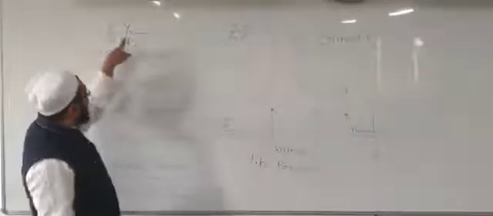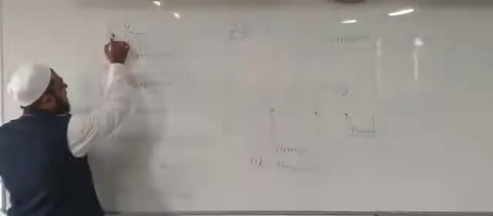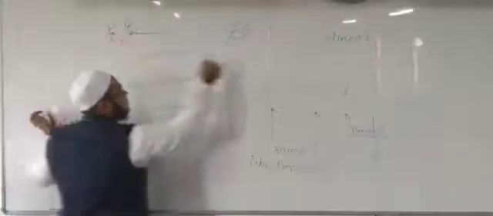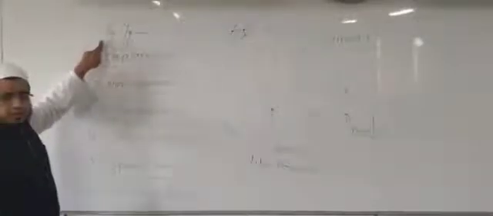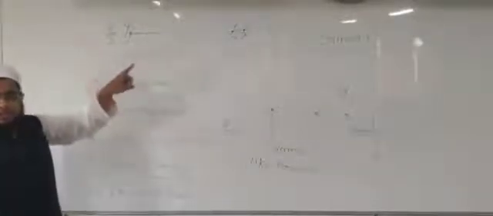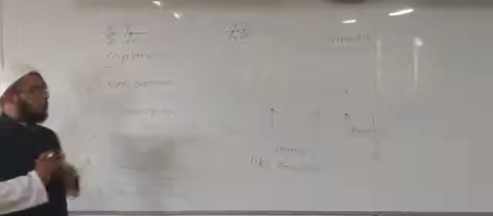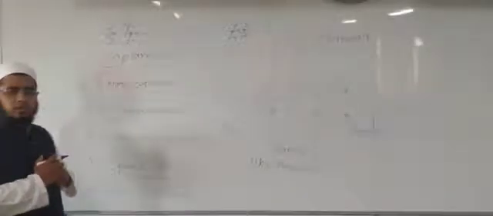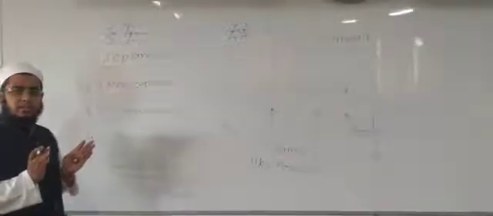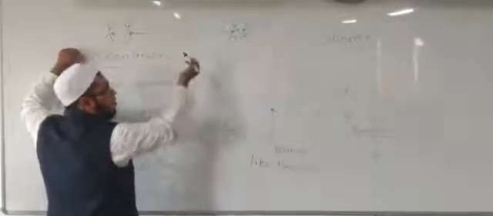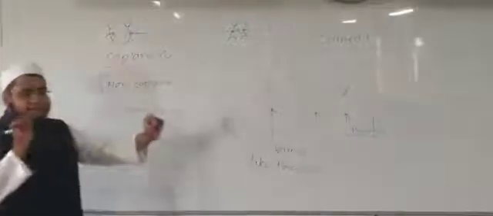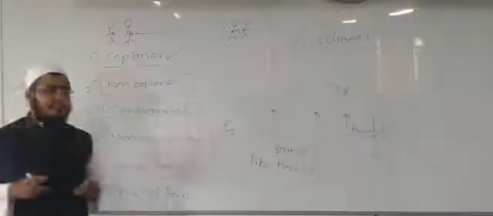Though the point of application is different, this person is applying at this position, then at this, all four forces have different points of application, but the line of action is the same. The direction is not important in collinear forces. Whether it is rightward or backward, no issue. Only the line of action should be in a single line.